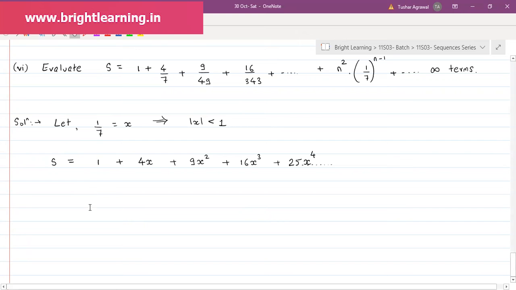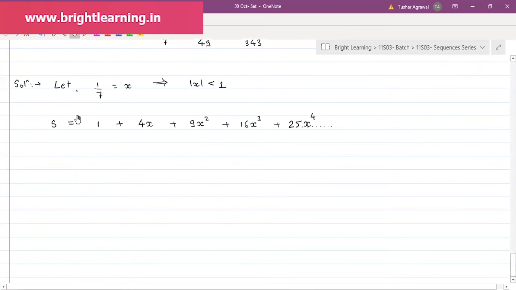So x multiplied by S and then subtraction. Yes or no? Yes, sir. X multiplied by S, and if I do the subtraction, this will be x, here 4x square, here 9x cube, 16x to the power 4, and so on.